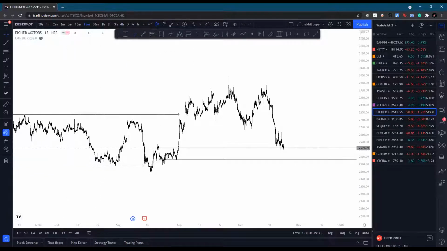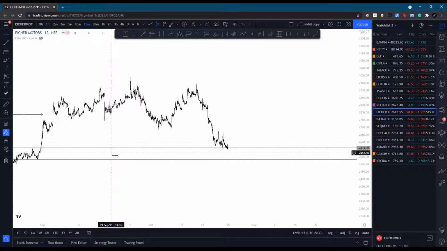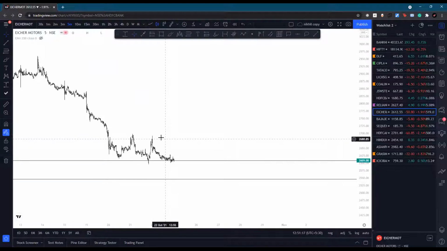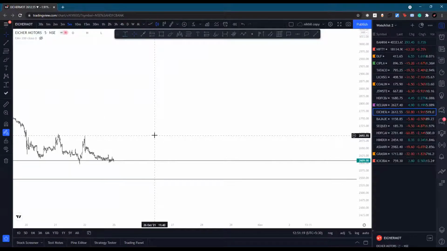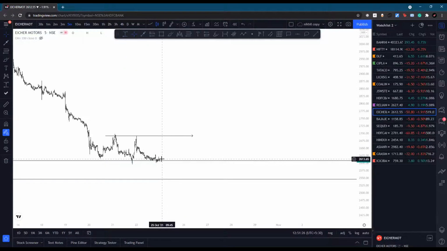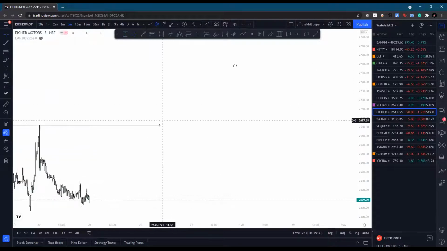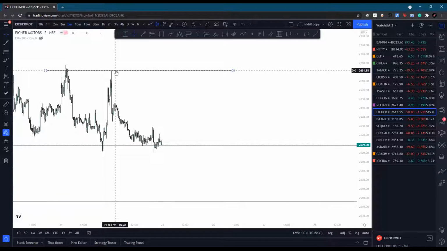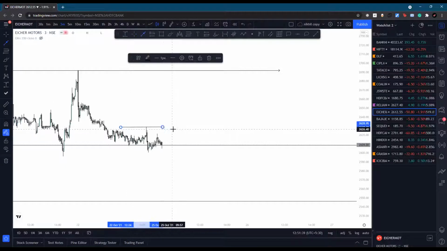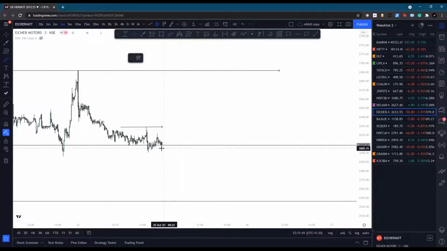Which time frame will I take entry? Mostly 5 minutes or 15 minutes. First of all, in 5 minutes, I will see if there are any major highs or lows. Okay, so I guess this is the major high. If that is the major high, that can be the level for our intraday targets. Okay, on 3 minutes, this is the higher high.